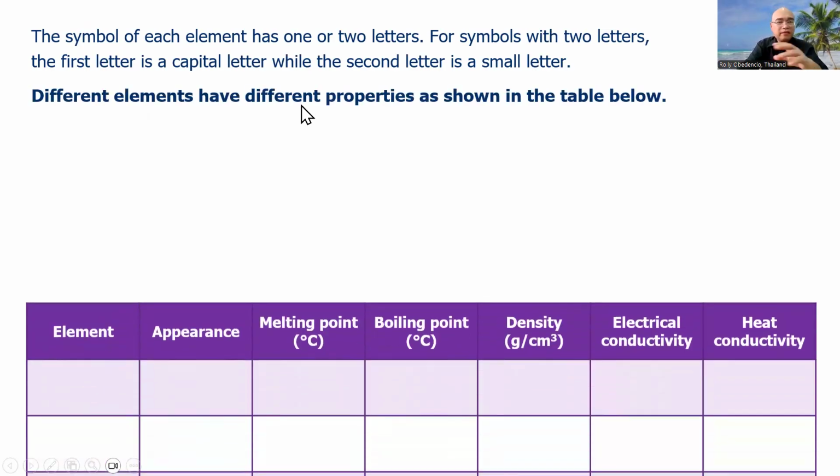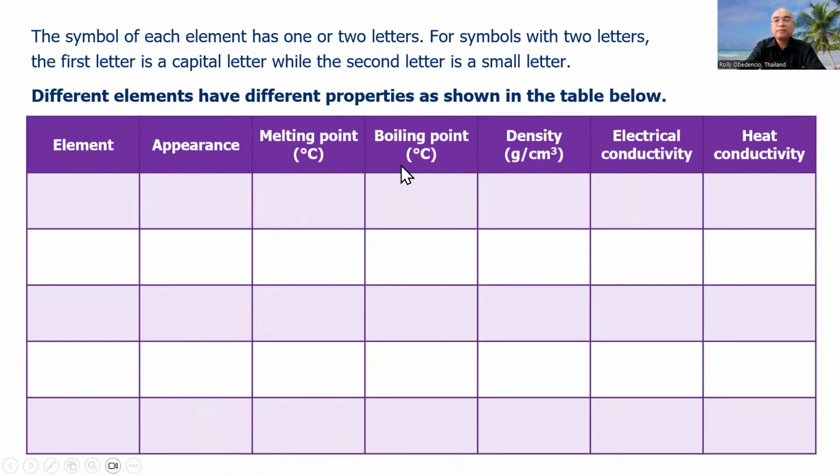Now, different elements have different properties as shown in the table below. We have here hydrogen. The appearance is a gas. The melting point is minus 259 degrees centigrade.